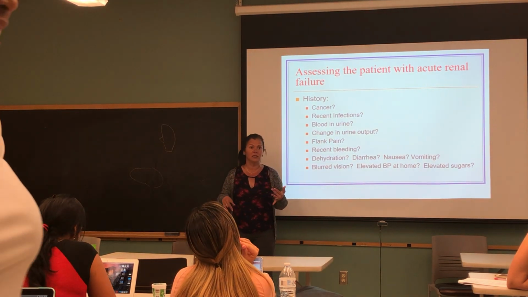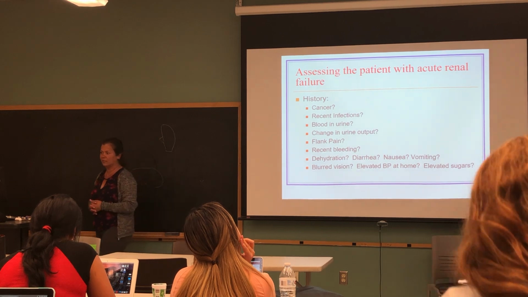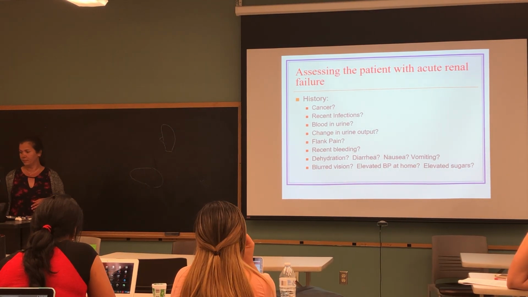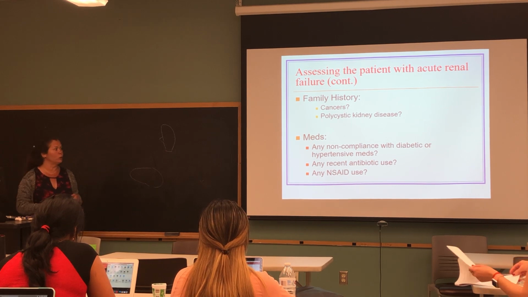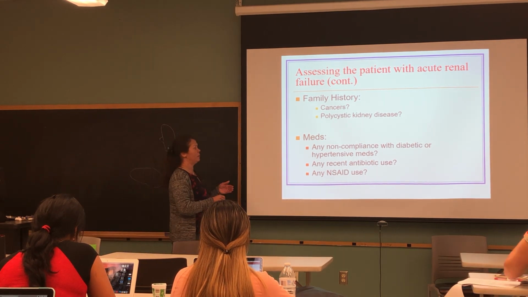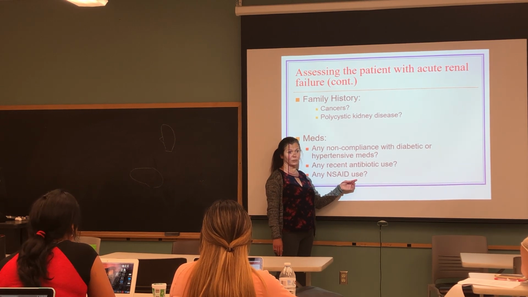So vomiting, diarrhea, major sweating, anything that might lead you to think about a hypovolemic state. Okay. The same as family history. We want to know, for example, if a patient is on any NSAID use.